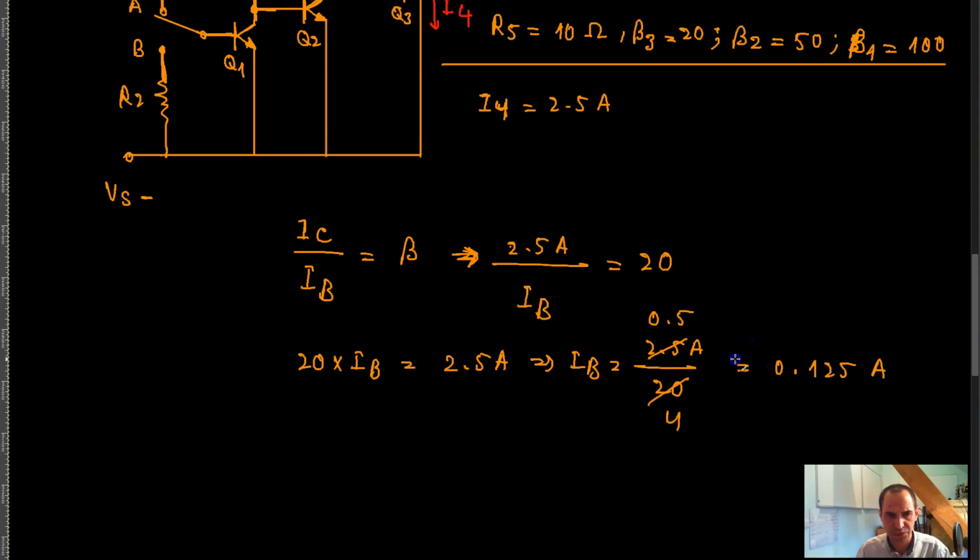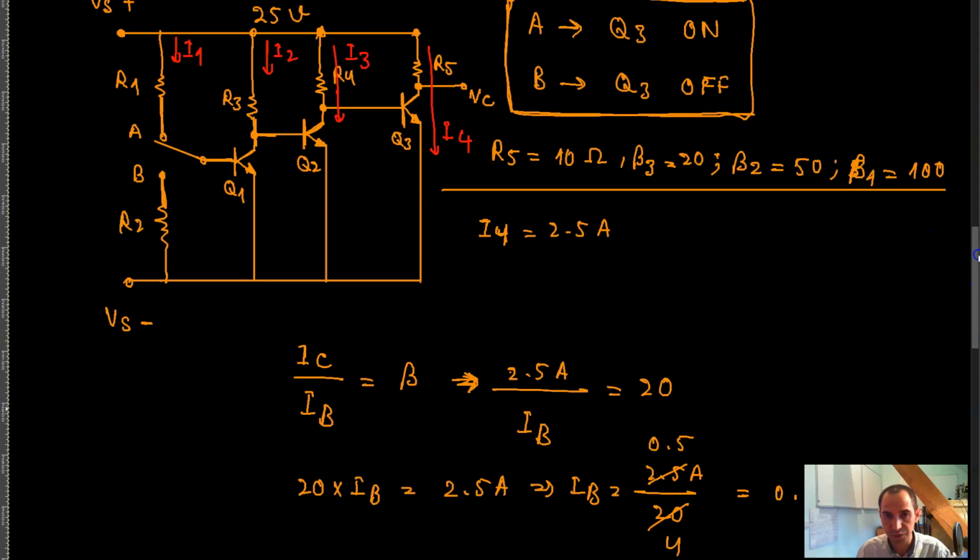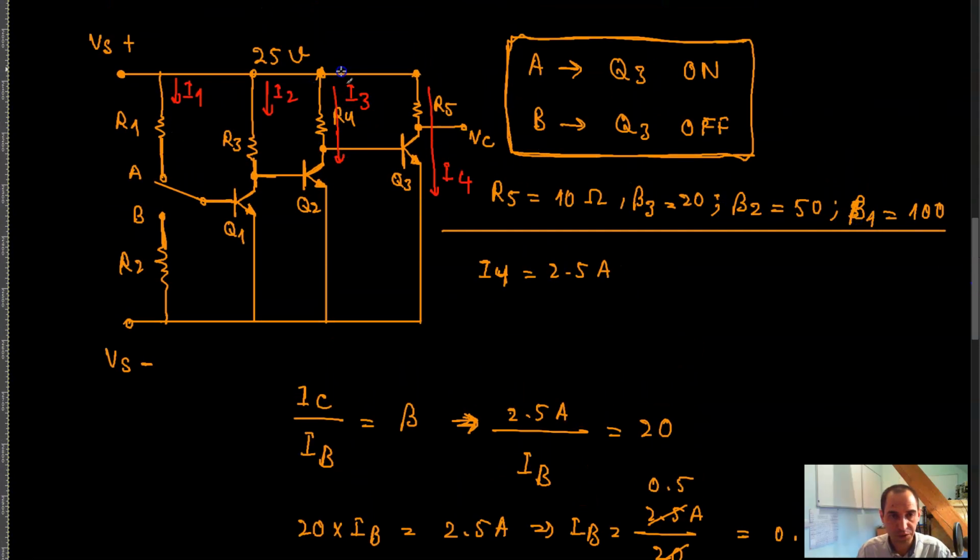That is the I of B over here, which is basically this current I of 3. That means that I of 3 is supposed to be 0.125 amps.